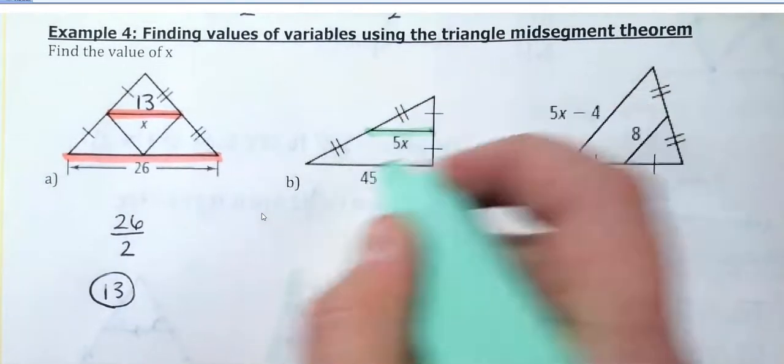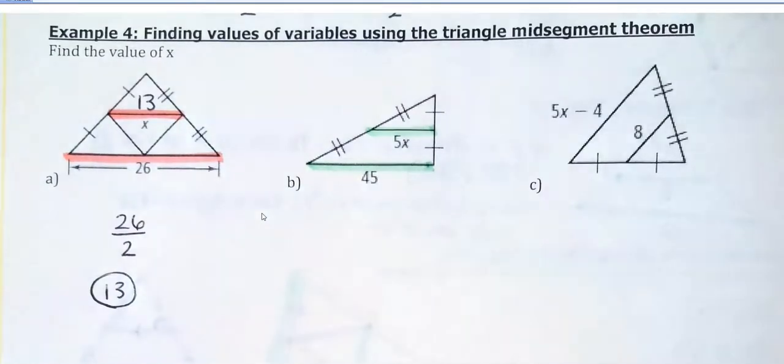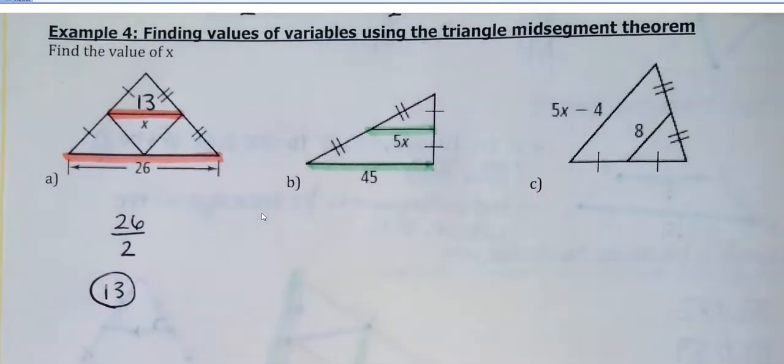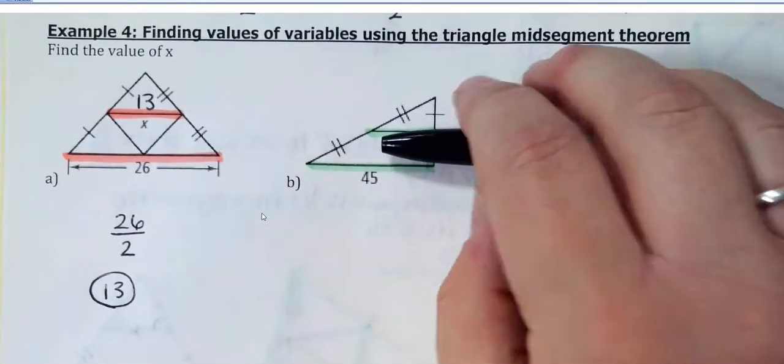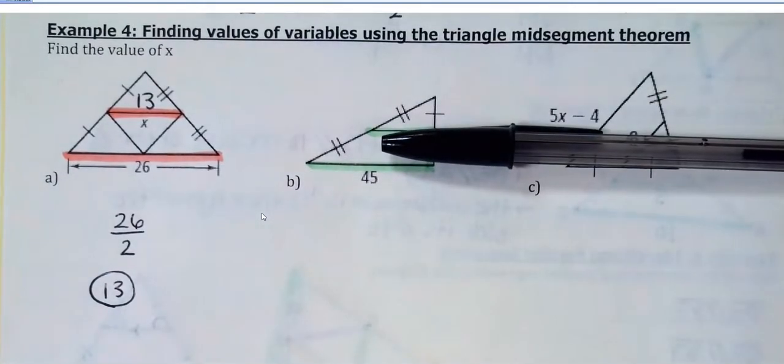If you know a number for one of the sides, the mid segment or the side in the triangle, use it. In the question in the middle, I know the side in the triangle is 45. I'm just going to ignore that 5x for a second. If the side in the triangle is 45, what should the mid segment be, or how would I figure it out?